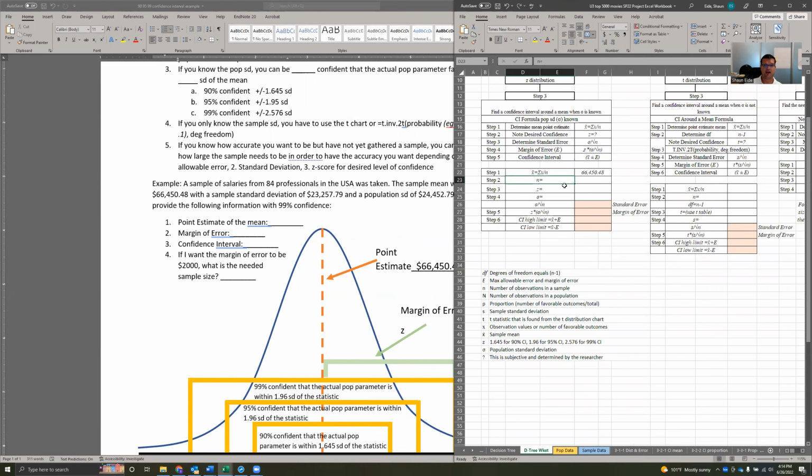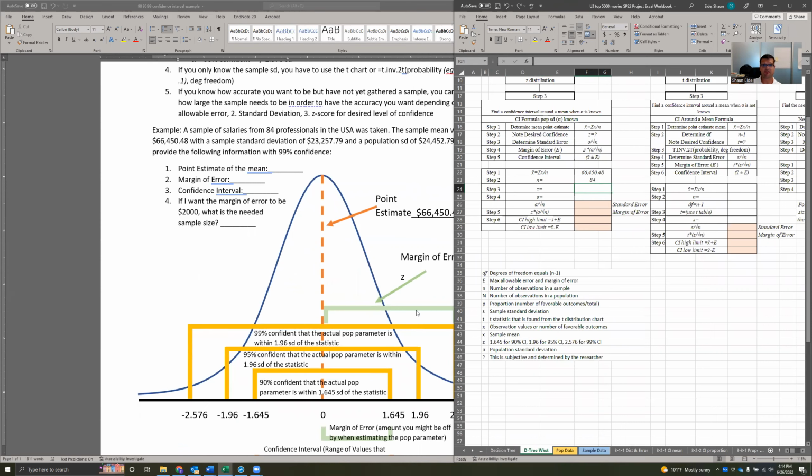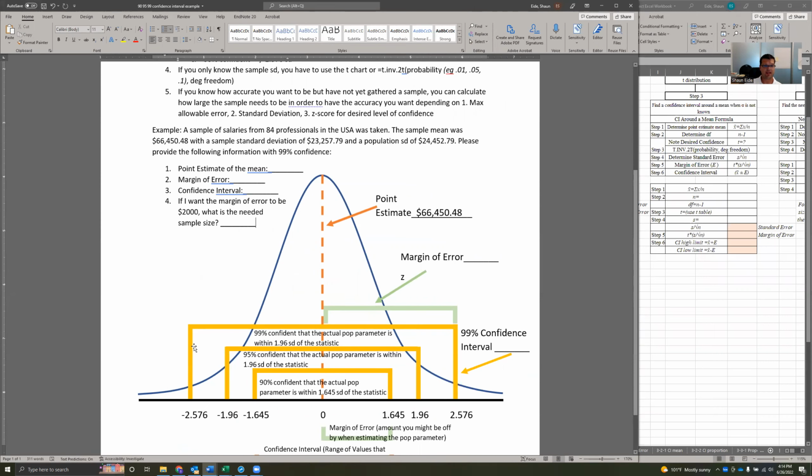Okay, the number in the sample, which is going to be 84. Okay, the z-score, and for this z-score in particular, I want 2.576 because I know that I can be 99% confident that the actual population mean is within this confidence interval.